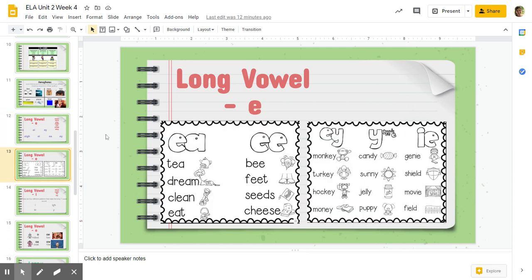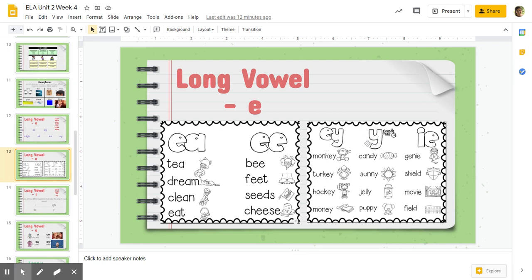Then we talked about our long E vowels. There are many different ways to do this one as well. This EA, like in tea, dream, clean, eat. Or it could be an EE, like bee, feet, seeds, cheese. Could be an EY, like monkey, turkey, hockey, money.